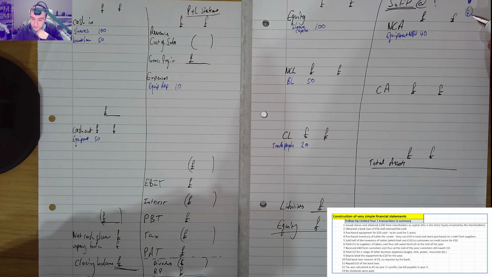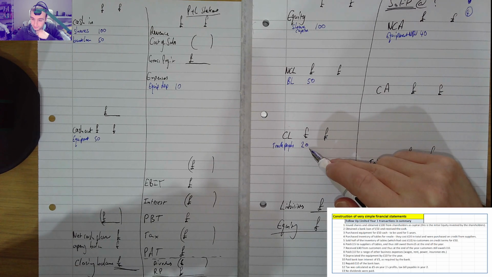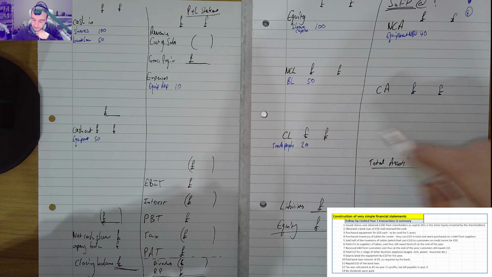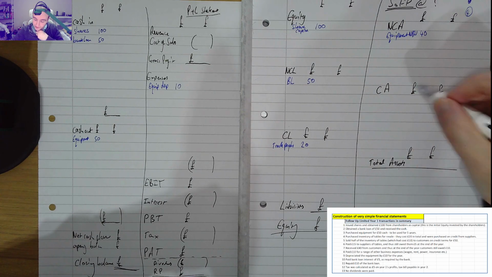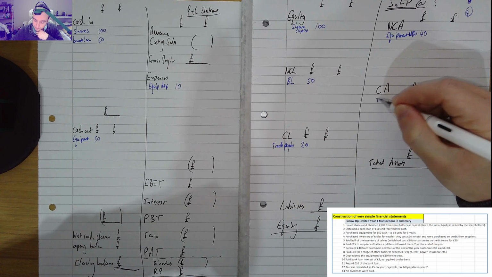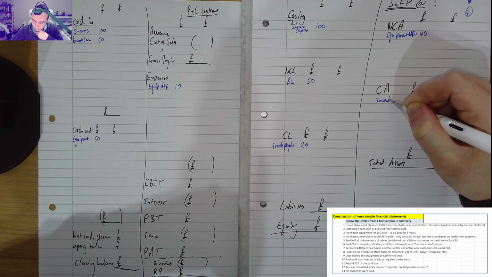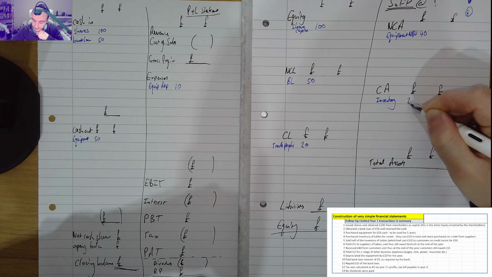Just read that again. Purchased inventory of tables for resale. They cost £20 in total. Purchased on credit from suppliers. We missed something here. Then that means our current assets of inventory will increase to the value of £20.